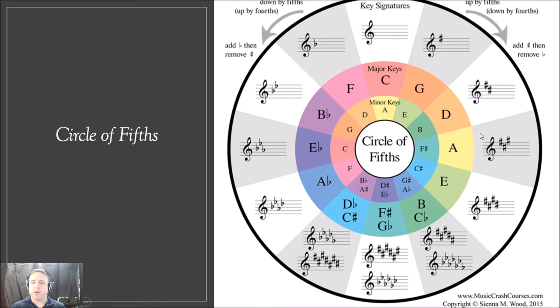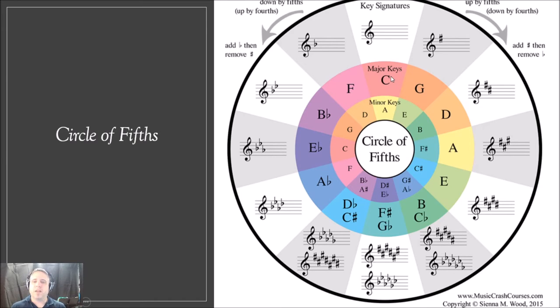And these you progress to the sharp keys. You add 1 sharp, or then remove a flat if you make it all the way around the other side. If you go counterclockwise, you go down by fifths, and you add flats, or remove sharps if you make it to the other side. That's why this is called the circle of fifths.